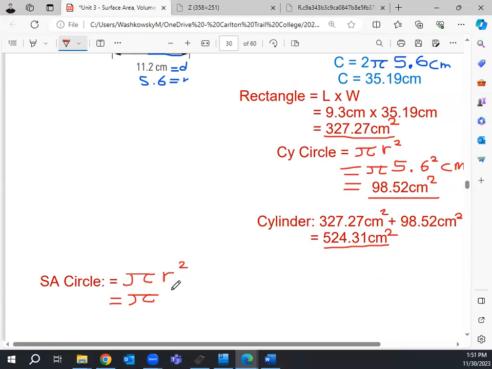So this radius, it's not 3.4. It is 1.7. The radius is not 3.4, it's that 1.7. We established that way up above.